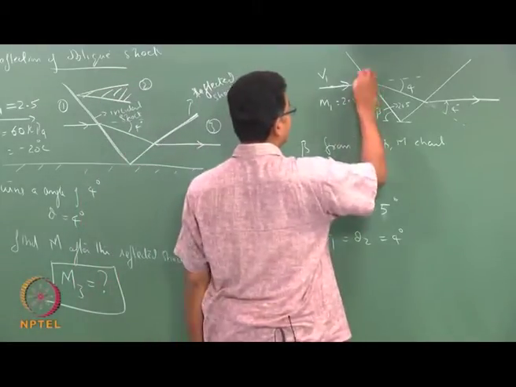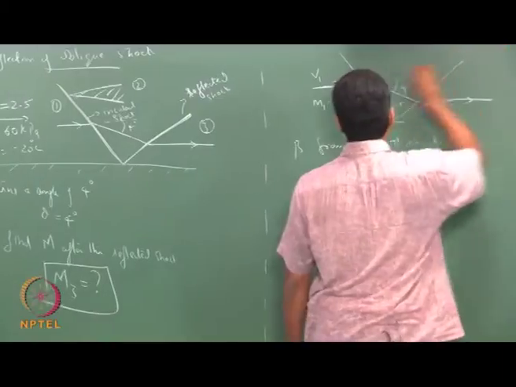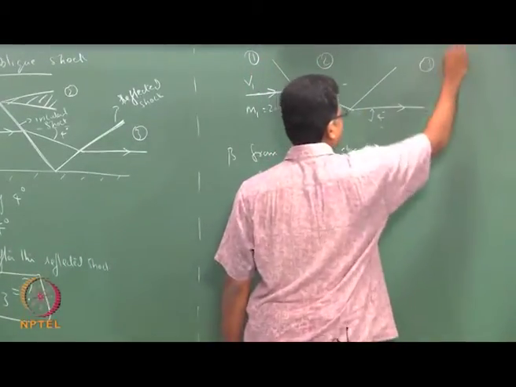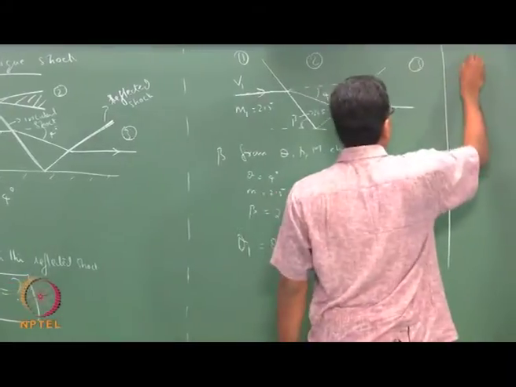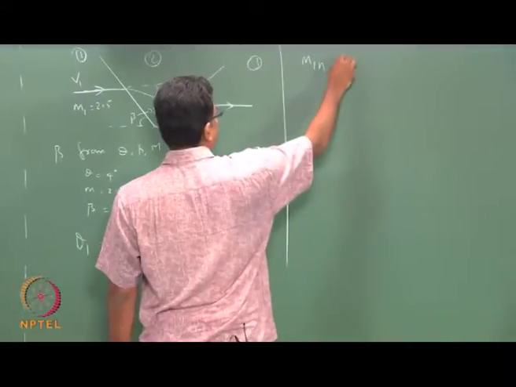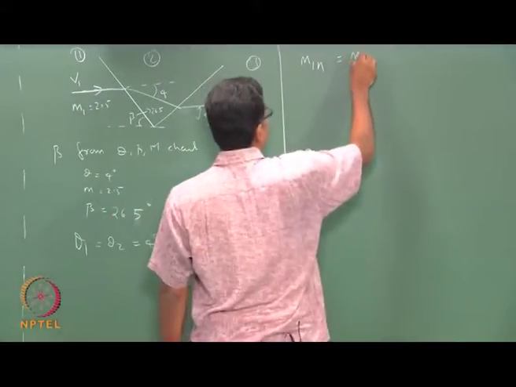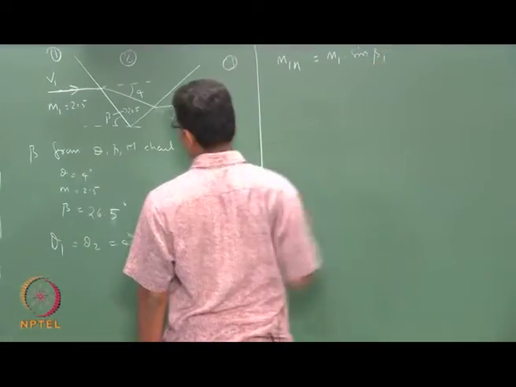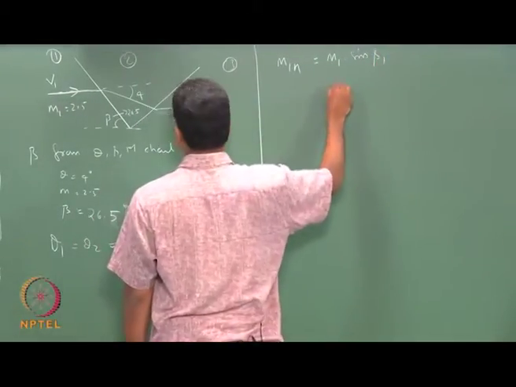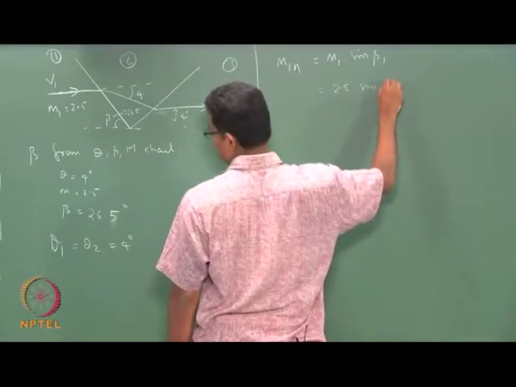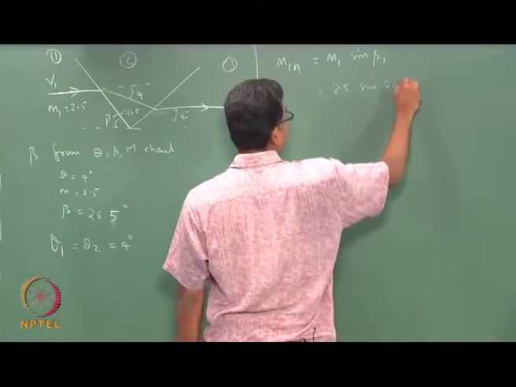Now, from region 1, region 2 and region 3, I can get M1n, which is nothing but M1 sin beta 1, which is 2.5 sin 26.5.